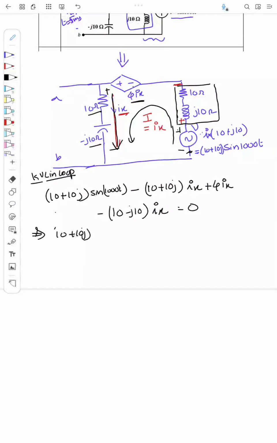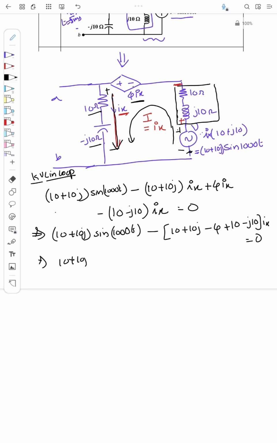Now we'll simplify this. So (10 plus 10J) sine 1000t minus, if I club the Ix, what happens? I have taken minus outside, so this is minus 4 and this is plus (10 minus J10), that into Ix, equal to 0, right?